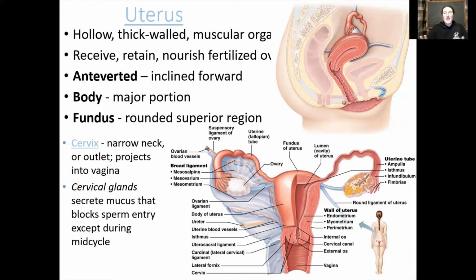And so the human body was, of course, designed to promote fertilization, right? So in order to continue your species, it would make a lot of sense if your body was pro-reproduction. And so the cervical glands secrete mucus that promotes sperm entry during the middle of the cycle when the female is most fertile, and it's going to prevent sperm entry when she is not fertile.